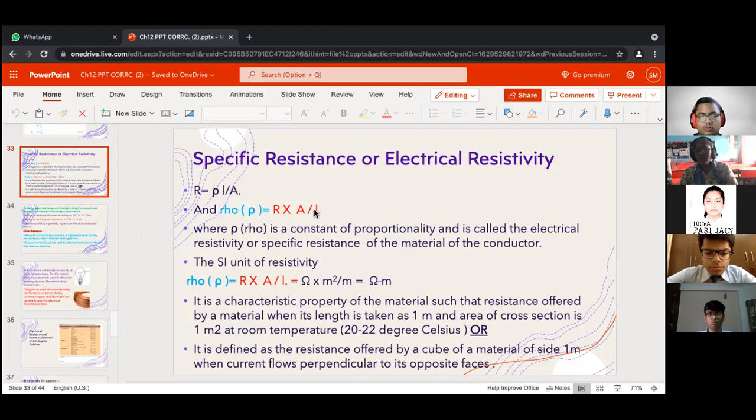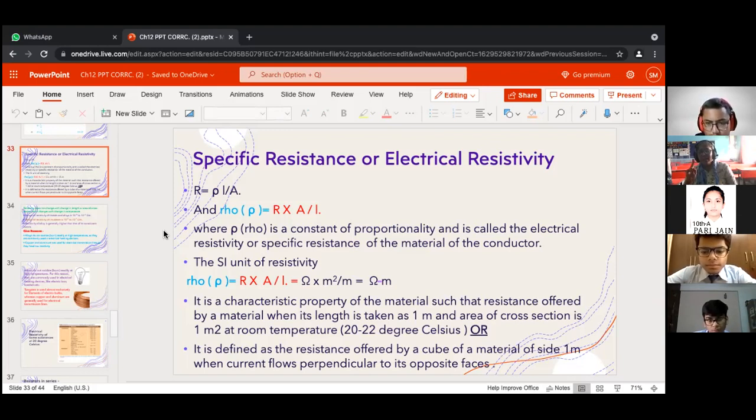Or we can also define it as the resistance offered by a cube of material. Wire we are imagining as a cube of material of side 1 meter when current flows perpendicular to its opposite faces. So specific resistance is the resistance in specific conditions. How much length have we kept? 1 meter.